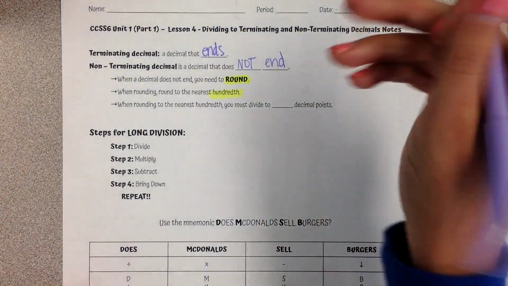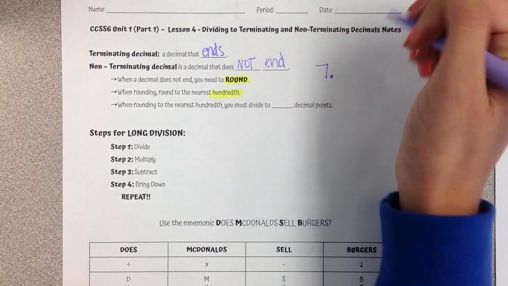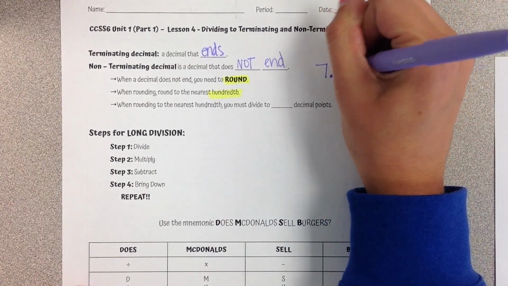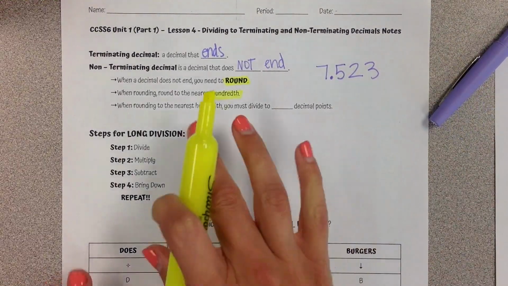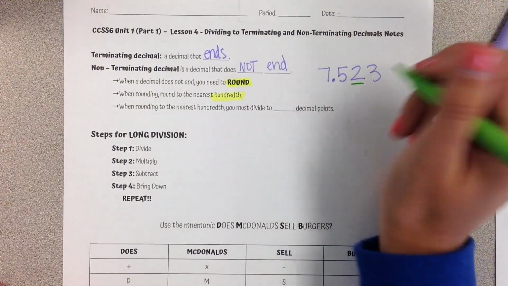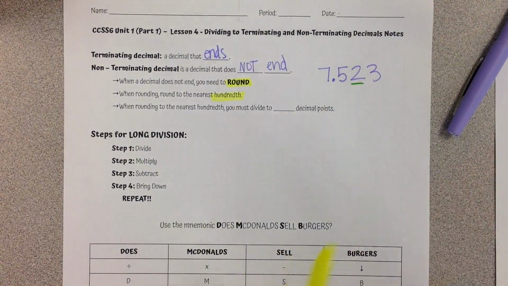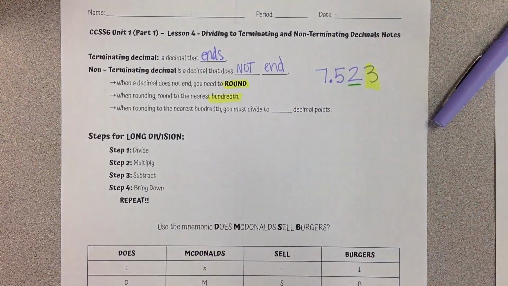Remember, if you have a decimal, so let's say the decimal is 7.523. When we're rounding to the nearest hundredth, the hundredths place is the second number. We need to go to 3 decimals so that we can look at that number to decide if the 2 needs to round up or stay the same.